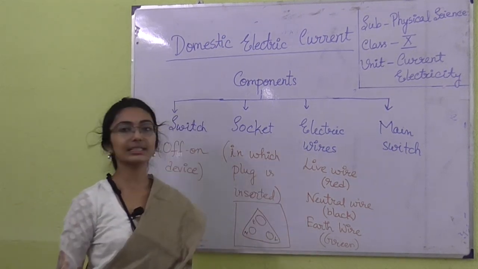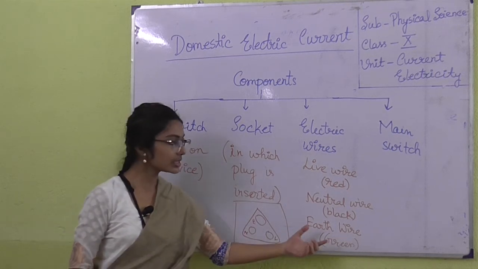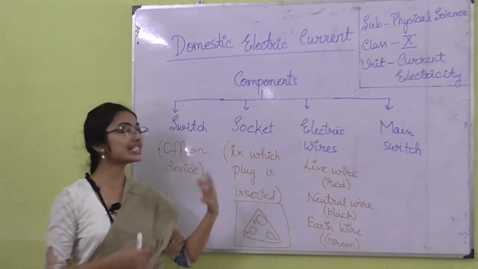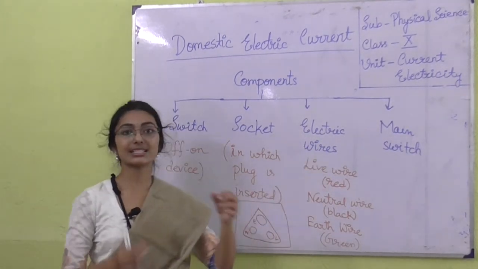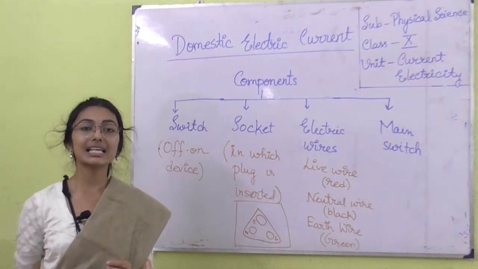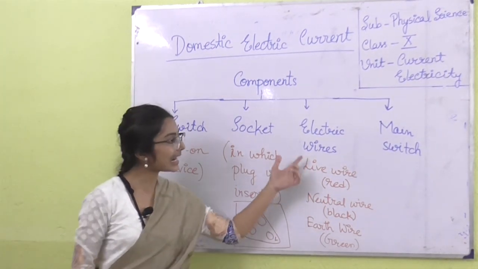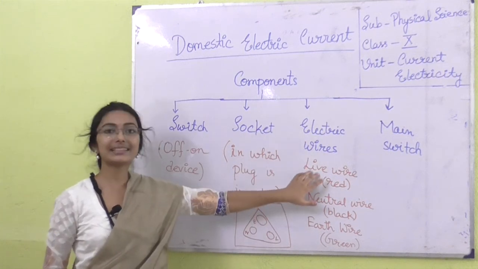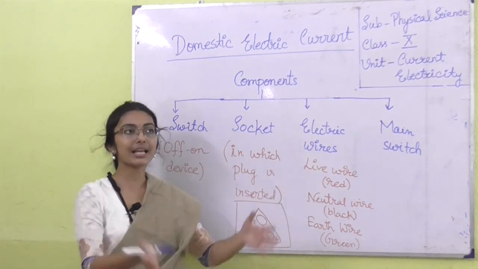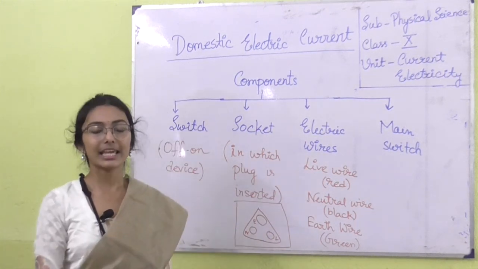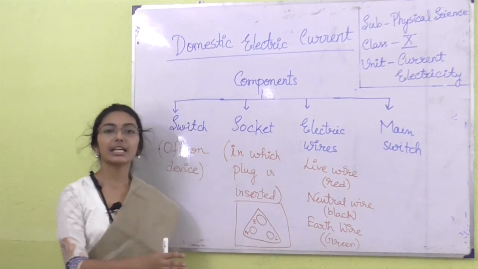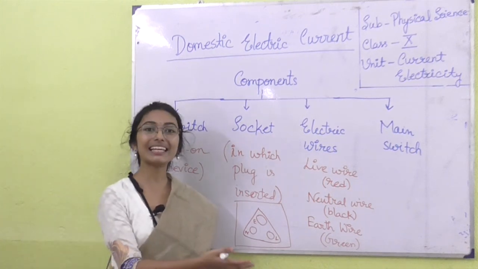All conductors are always earthed, because if the coating of the electric wires melts, then the current will touch the live wire and the appliances will be electrified. If someone touches the appliance, he will get an electric shock.